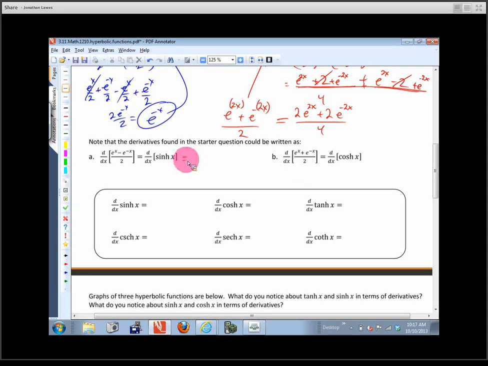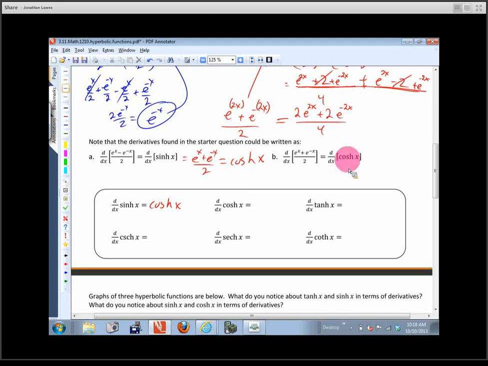Its derivative is e to the x plus e to the negative x all over 2, which is the hyperbolic cosine. So the derivative of sinh is cosh. The derivative of the hyperbolic sine function is the hyperbolic cosine function. Derivative of sine is cosine. Another similarity there. So the derivative of the sinh function is cosh of x.